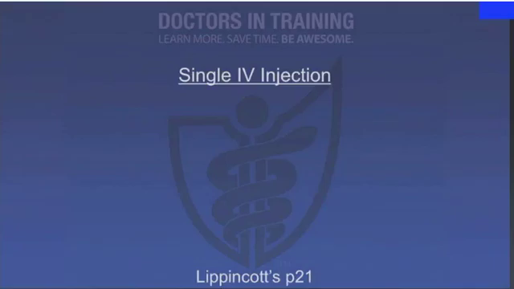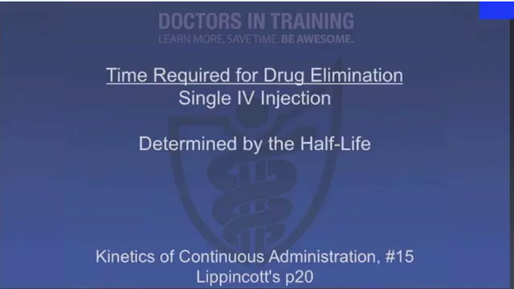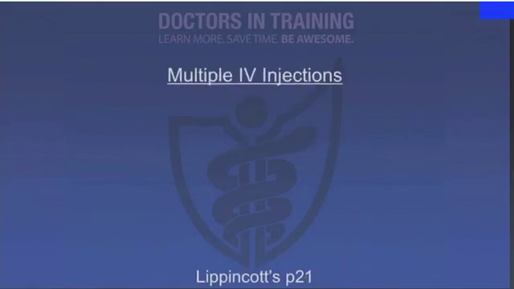So if you give a single IV injection, the dose that you've given doesn't really affect how long it takes to clear the drug. Remember, we said only the half-life determines how long it takes to clear the drug. So if you're giving multiple IV injections, we're assuming that you're going to give the drug more frequently than 5 half-lives.